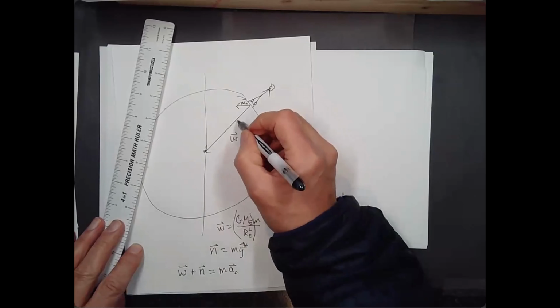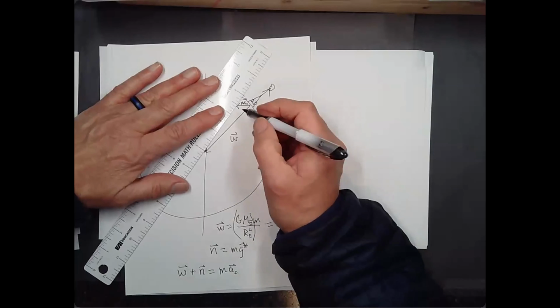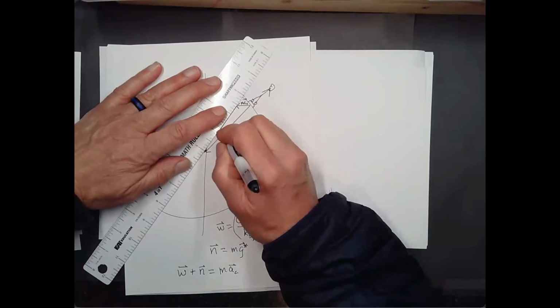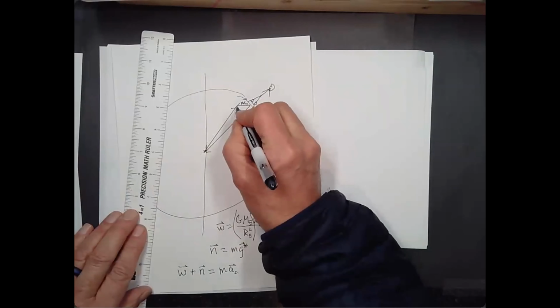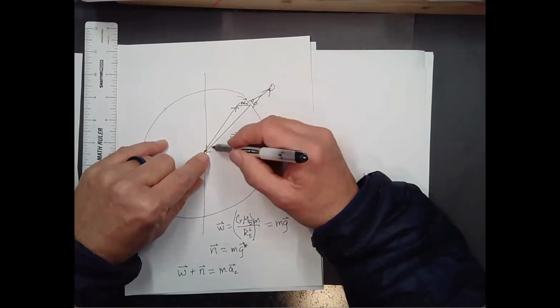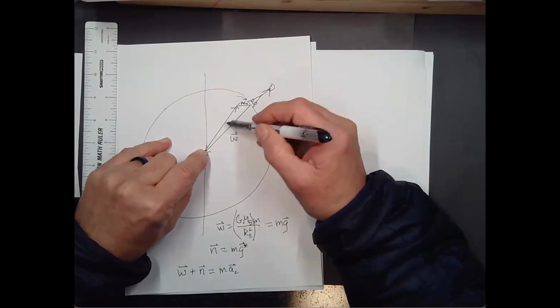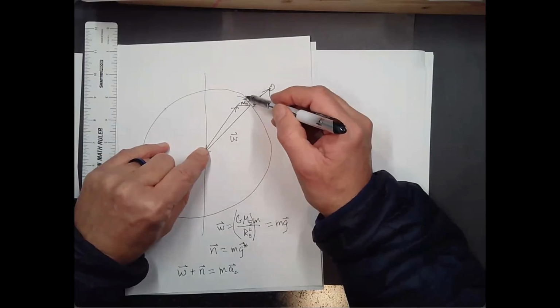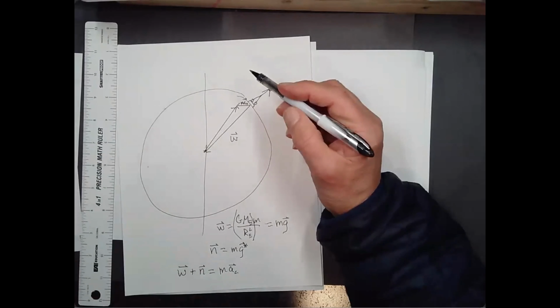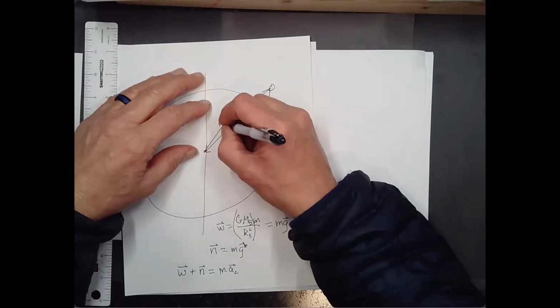That means it's going to have something coming in here, and then N is going to have to be a vector that points in this direction a little bit off from the direction of W, and the direction of N, the line of that, is actually the direction that we think of as down when we're standing at a point on the Earth. So this is all just a picture here.